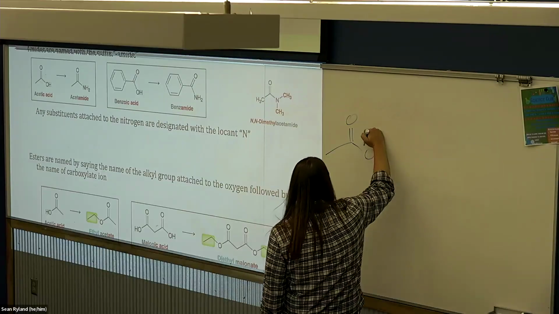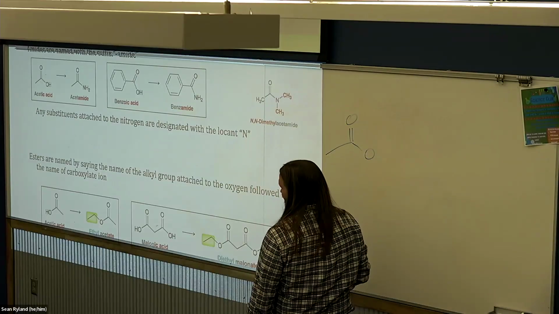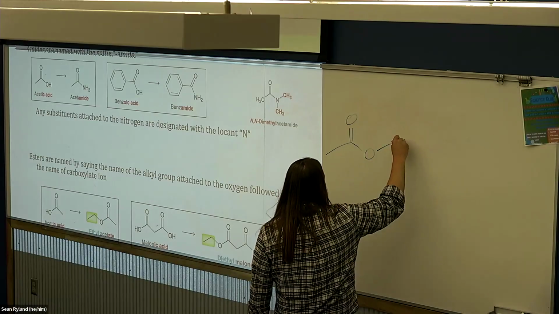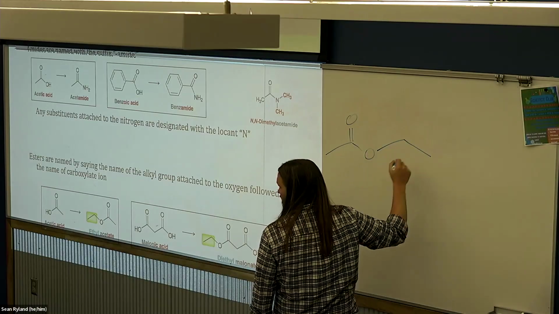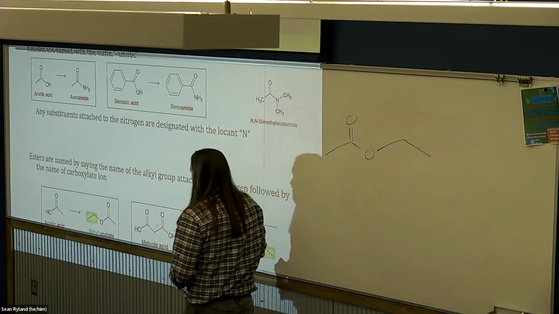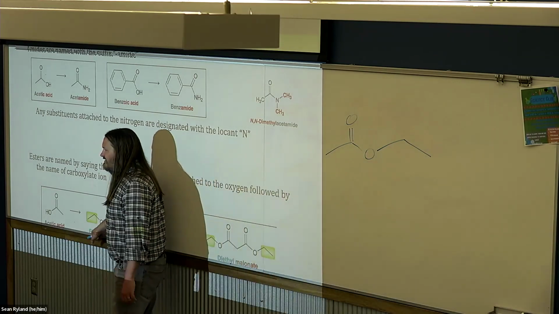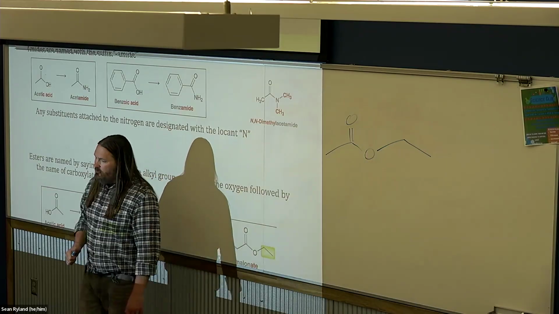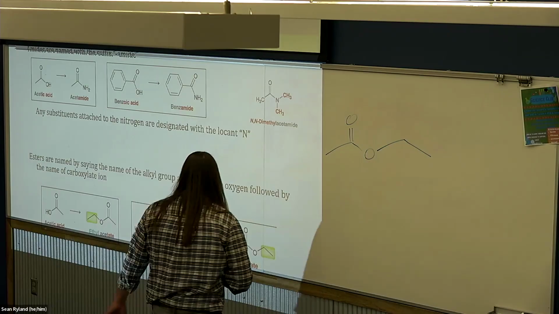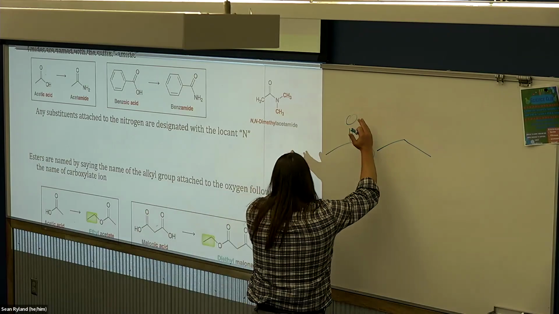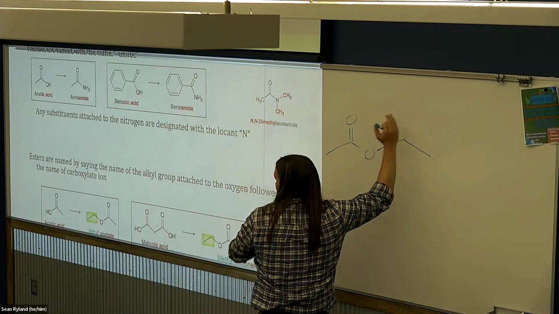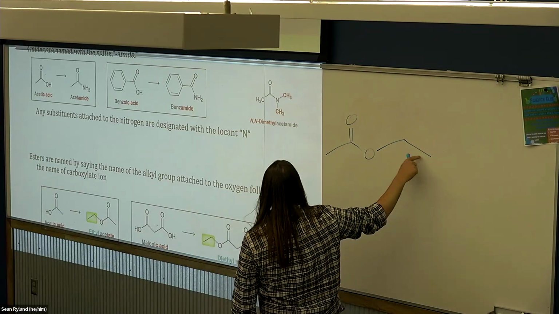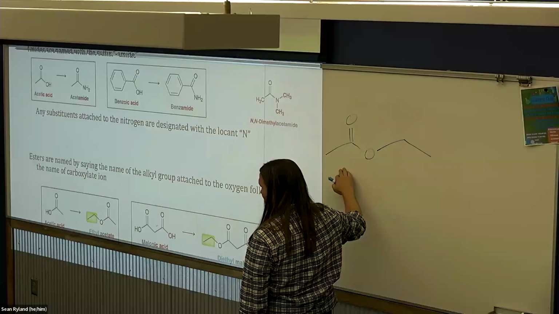When you take the hydrogen off, it becomes acetate. And then whatever you add to the other side, we specify as a separate word with a space in between. That's how we distinguish between a branch that's on one side versus what's on the other side of the oxygen. It's an ethyl group attached to acetate.